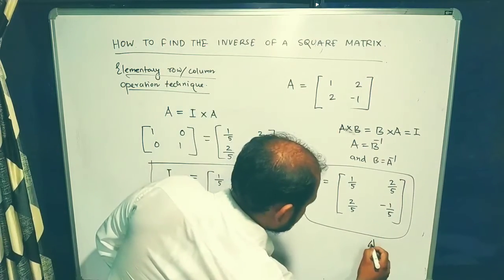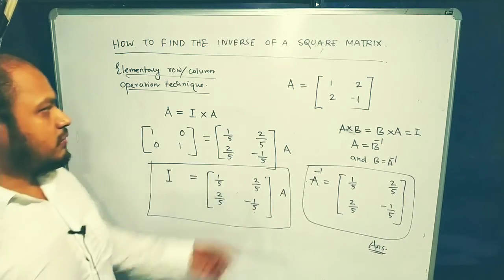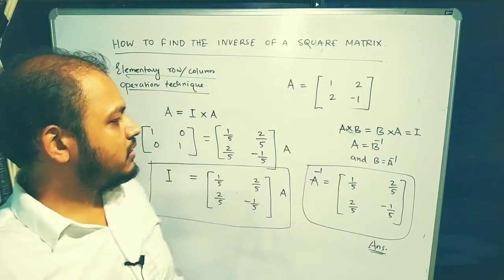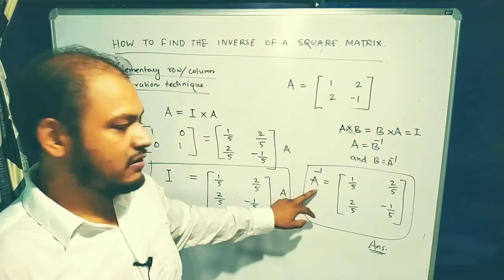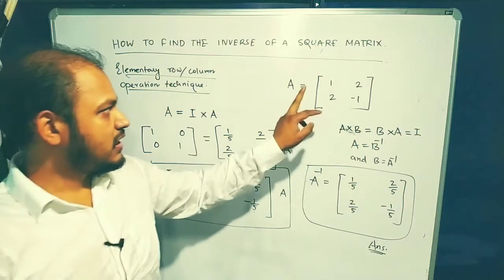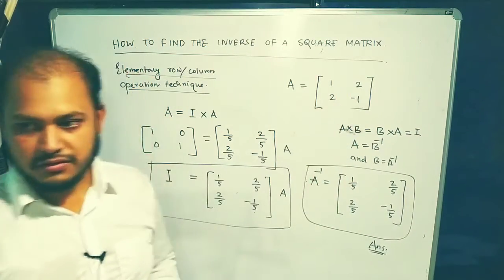This is your answer. So in our question we were given a matrix A equal to 1 2 2 minus 1, and after the elementary row column operation we are left with the inverse of the matrix. So this is the answer, inverse of that matrix. So inverse of this matrix is this matrix, and inverse of that matrix is this matrix.